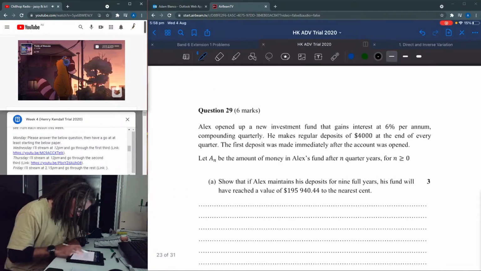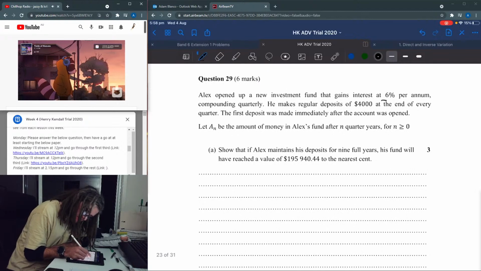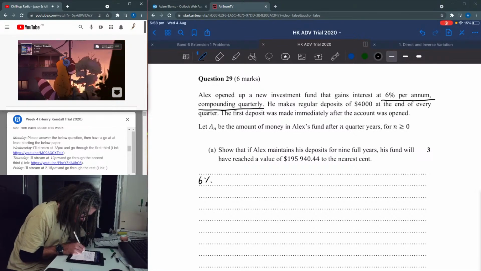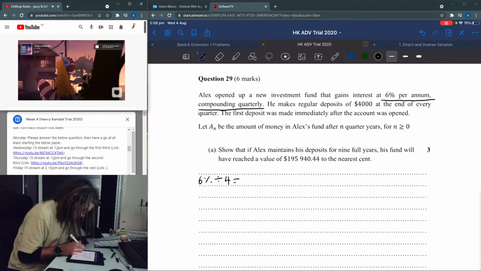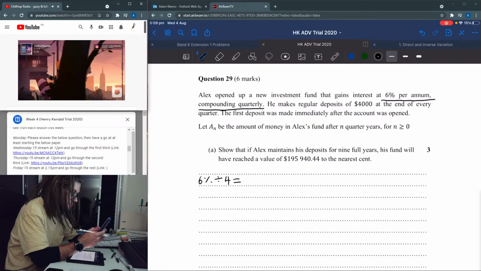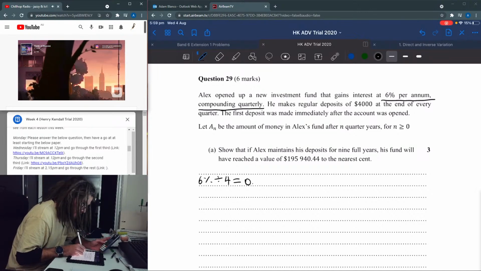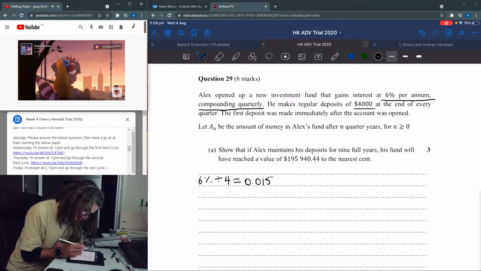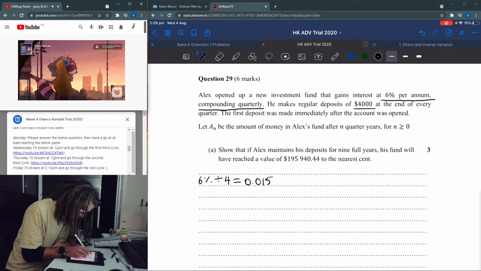Okay. New investment fund, 6% per annum, quarterly compounding. Let's just deal with that first. 6 divided by 4 is 0.015. Okay, that's my rate. He makes deposits of $4,000, so that means it's plus $4,000.